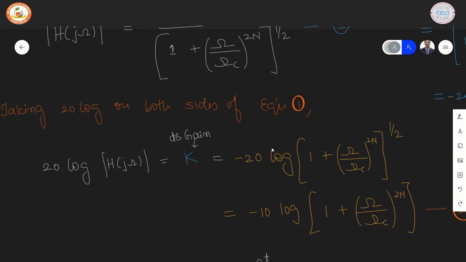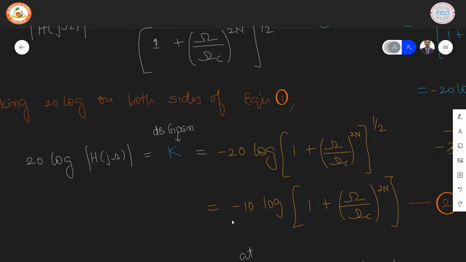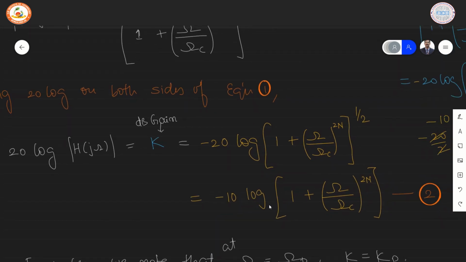Next, 1 by 2 is also brought forward, and simplifying, the expression becomes minus 10 times log of 1 plus (ω by ωc) whole to the power of 2n. Therefore, we have found the expression to indicate the gain which is in terms of dB. Let's number this as equation number 2.